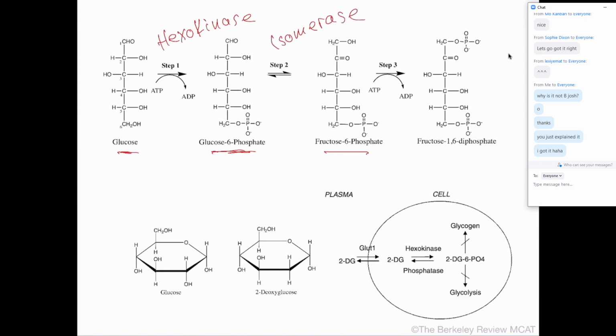And so in the passage, it says that 2DG acts as an inhibitor from glucose to glucose 6-phosphate. It acts as an inhibitor of hexokinase, right? So essentially what's happening is 2DG gets in there, right? And prevents glucose from being turned into glucose 6-phosphate.